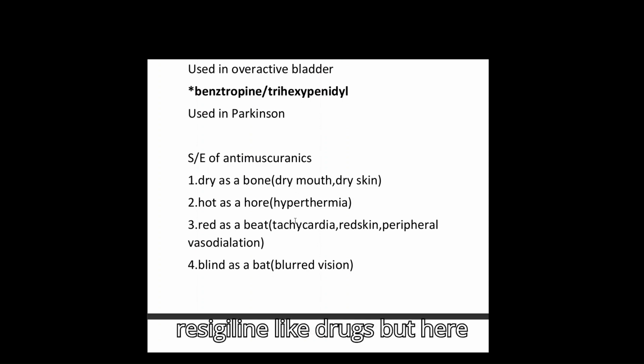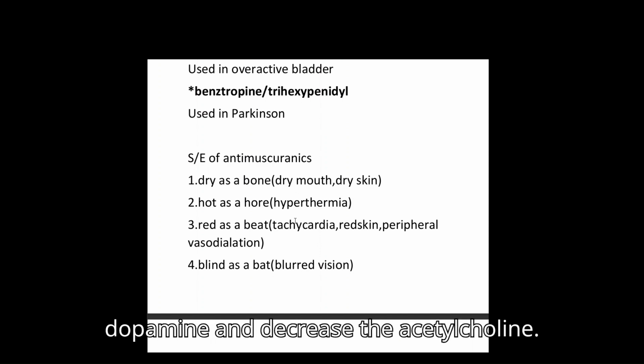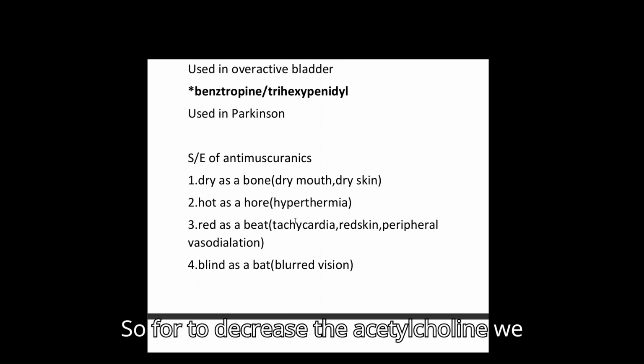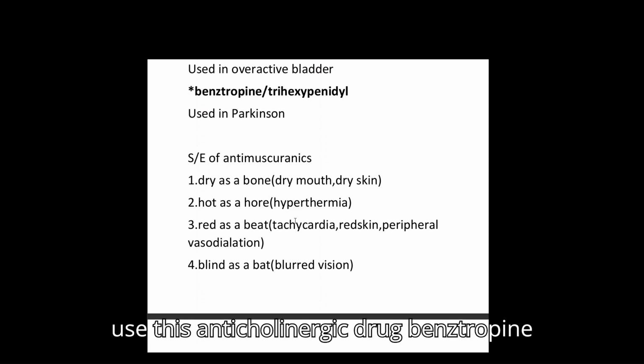But here we also decrease the acetylcholine using anticholinergic drugs. In Parkinson's, you need to increase the level of dopamine and decrease acetylcholine. To decrease the acetylcholine, we use the anticholinergic drugs benztropine and trihexyphenidyl.